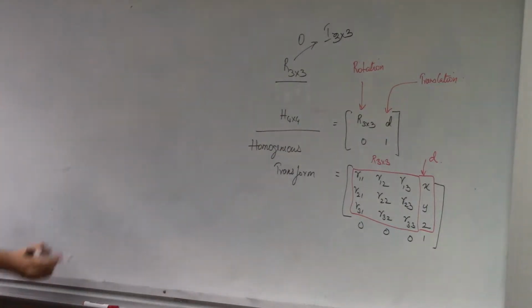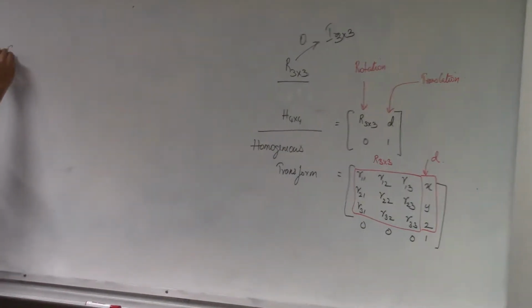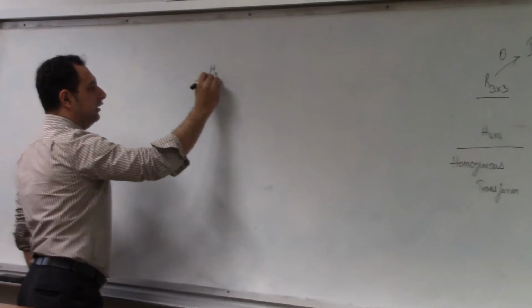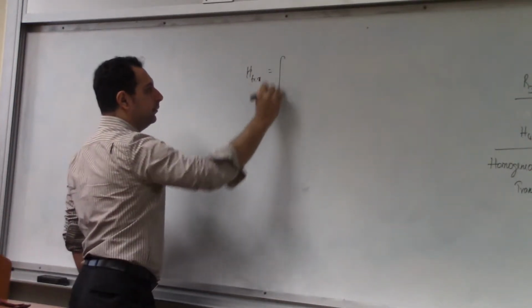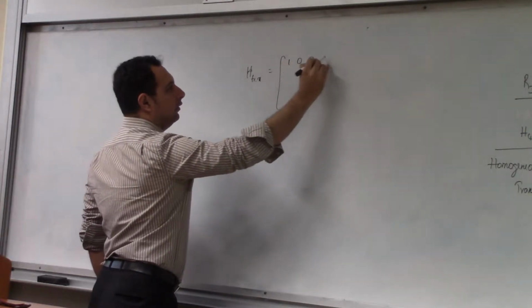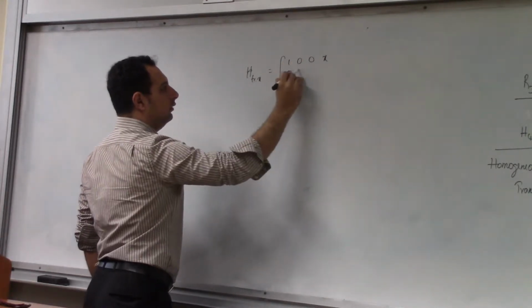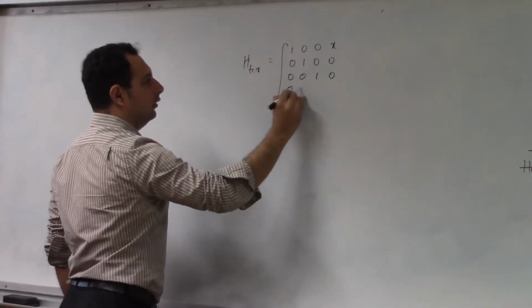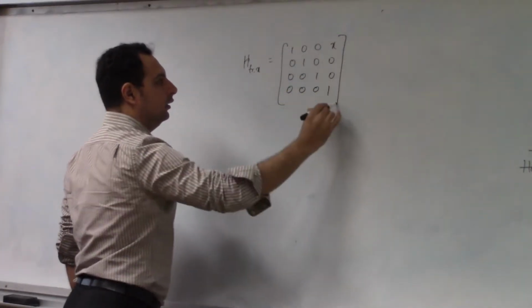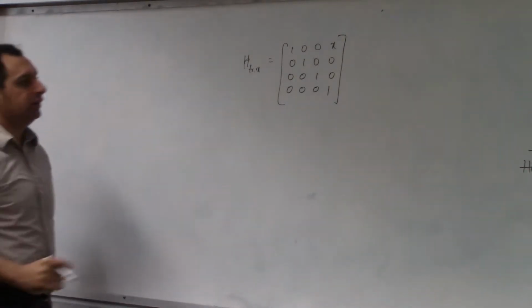So if I want a homogeneous matrix H for a translation along x, this will be the homogeneous matrix because there is no rotation, there is only a translation.